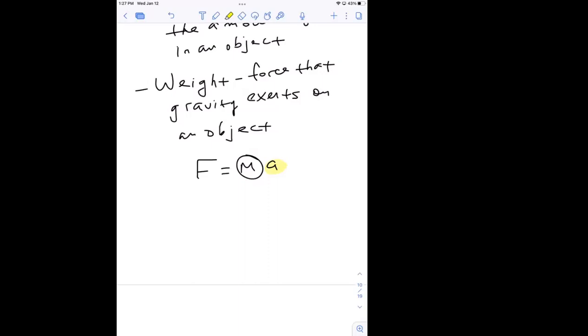If you go to the moon, which has 1/6 the gravity of Earth, then your weight is going to be different. But mass never changes. So weight changes, but mass doesn't, and that's a constant. You can change the weight based on the force and the acceleration, but you cannot change the mass.